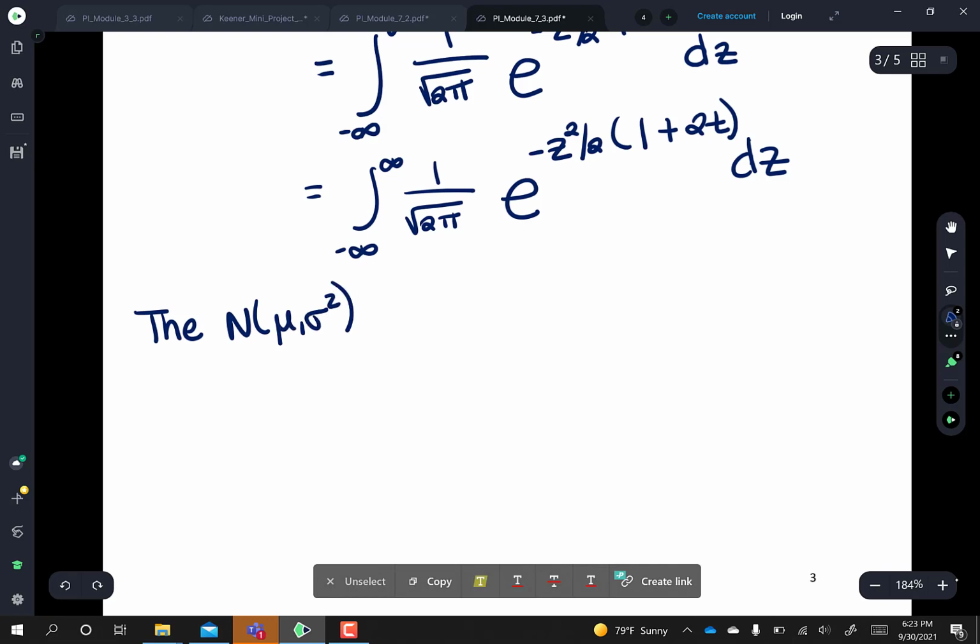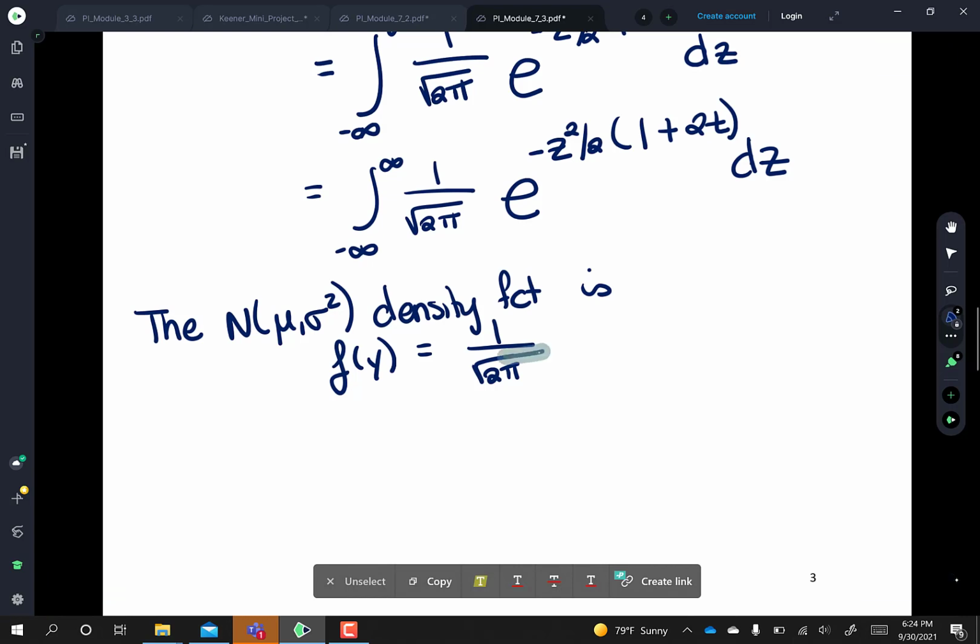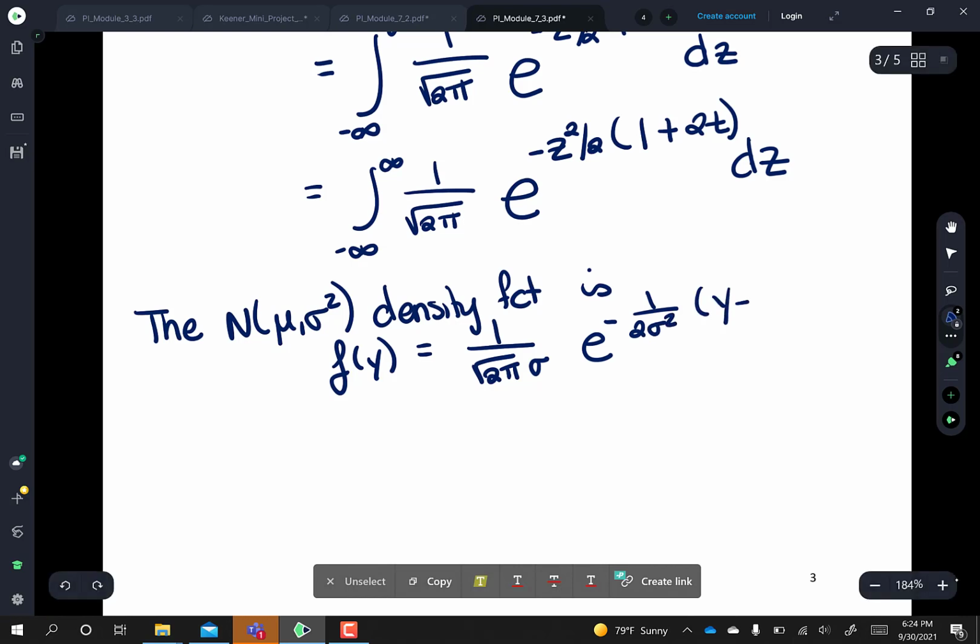Remember that the normal(mu, sigma squared) density function is as follows. f of y is equal to 1 over the square root of 2 pi sigma, e to the negative 1 over 2 sigma squared times (y minus mu) squared.